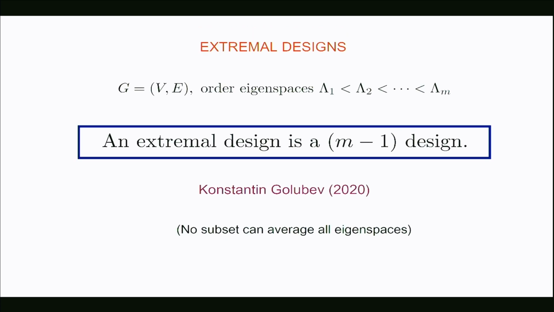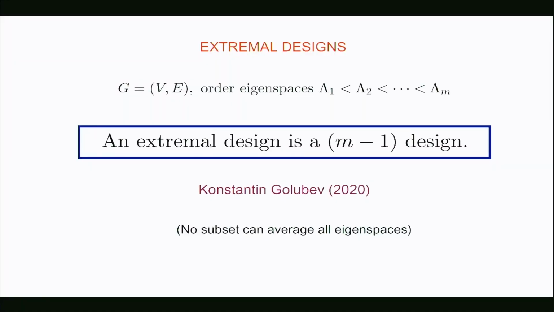Okay, so the last definition: oftentimes we're also interested in what's called an extremal design. These are designs that can catch all eigenspaces except the last one. You decide the ordering first on the eigenspaces, and then we say we want to get everything except the last eigenspace, and you cannot have any proper subset that can average all eigenspaces.